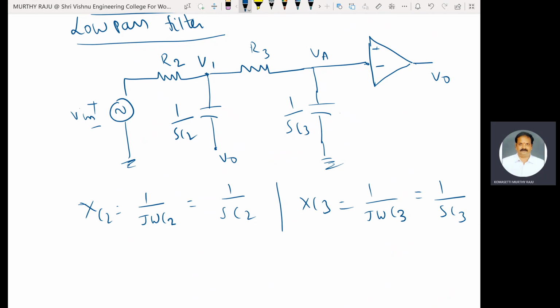Find out the cutoff frequency of the second order Butterworth low pass filter. At V1, apply nodal analysis.